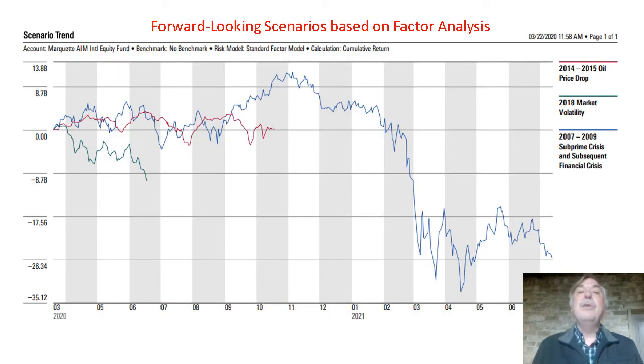Here again, we can use factor analysis and make some forward-looking scenario estimates based upon different outcomes, such as a price drop or market volatility or another type of financial crisis. And not surprisingly, performance of the fund would be weak in many of those scenarios outlined here.